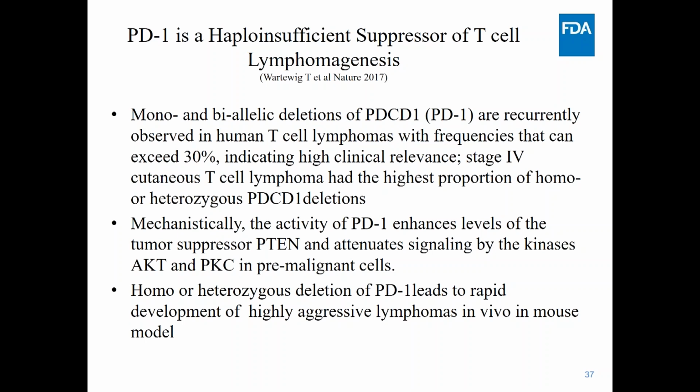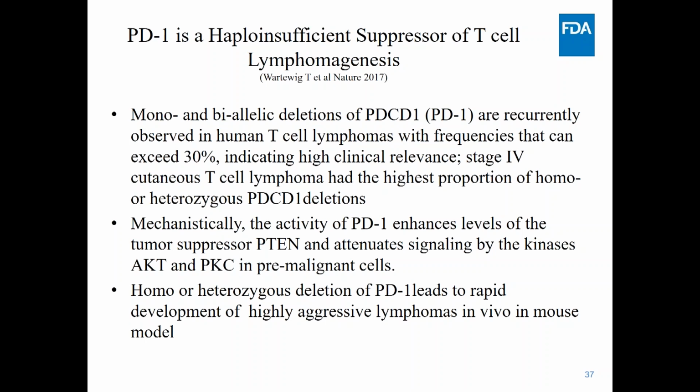Stage 4 cutaneous T cell lymphoma had the highest proportion of deletions of PD-1. So here you have the loss of PD-1 correlating with aggressive tumors. Mechanistically, the activity of PD-1 enhances levels of tumor suppressors and attenuates signaling of tumor proliferation mechanisms.